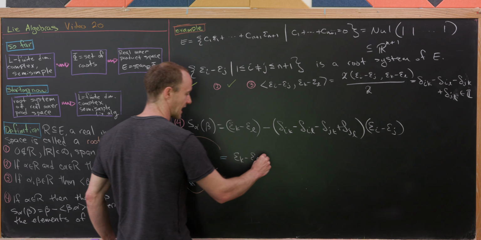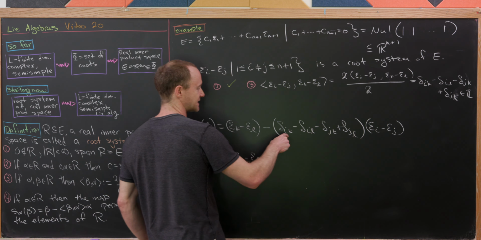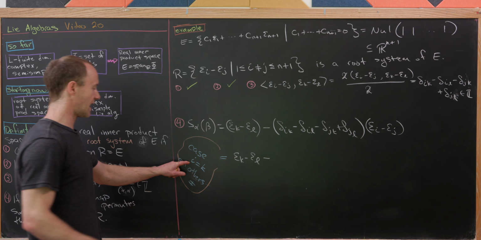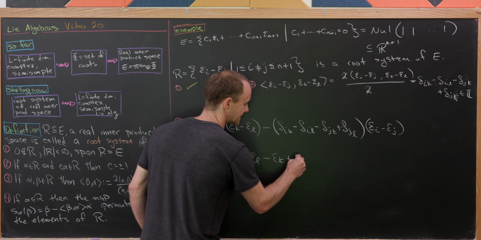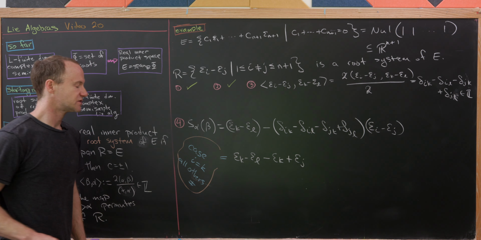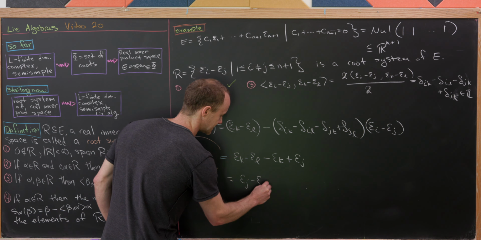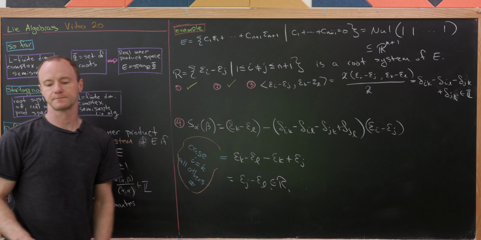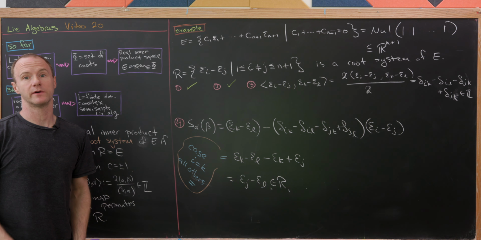And then after that, we're going to have a minus, and then, well, all of these are going to collapse, and this is going to give us a 1. And then we'll have epsilon_i, but i is equal to k, so we'll have epsilon_k, and then plus epsilon_j. So notice we get some simplification there, and that's going to give us epsilon_j minus epsilon_l, but that is an element of R. Okay, so there we have it. Okay, so now let's keep going.